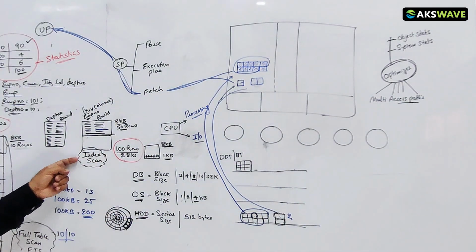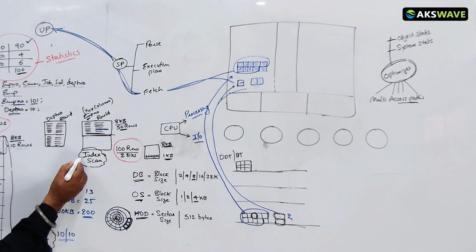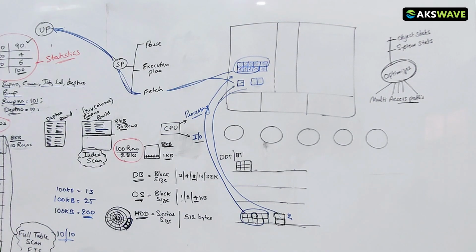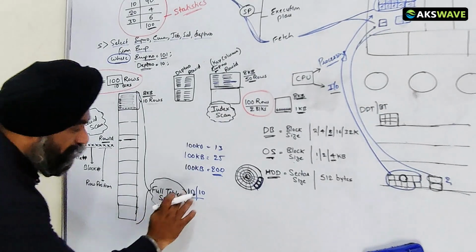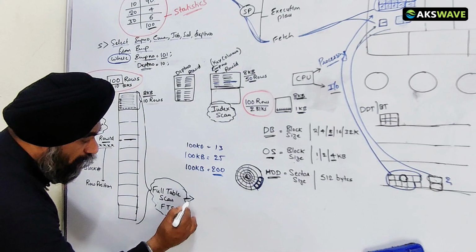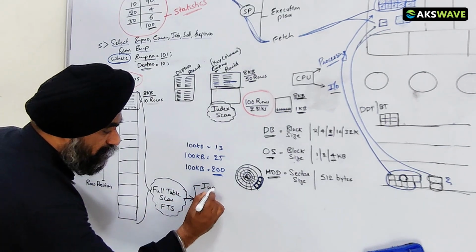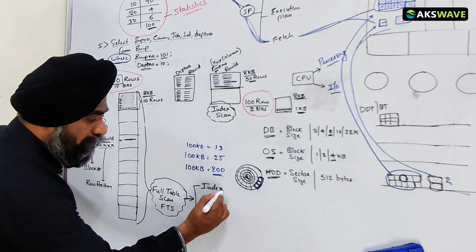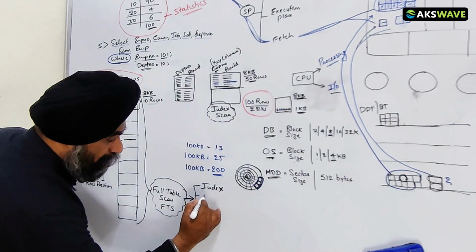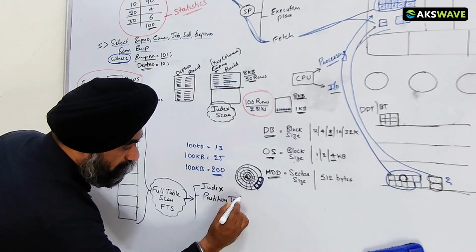Indexes are used for what? Index is an object used to avoid a full table scan. Now, it's not only index. Let me write it here. There are many more objects used to avoid full table scan. What are those? One we have seen here: what is that object called? Index. Apart from that, we have other objects called partition tables.